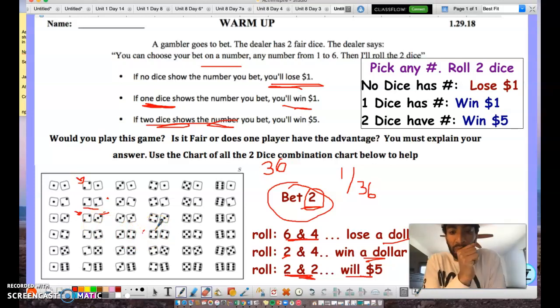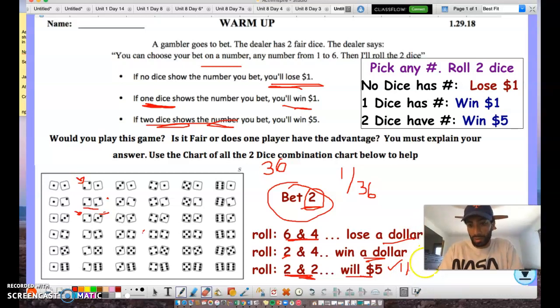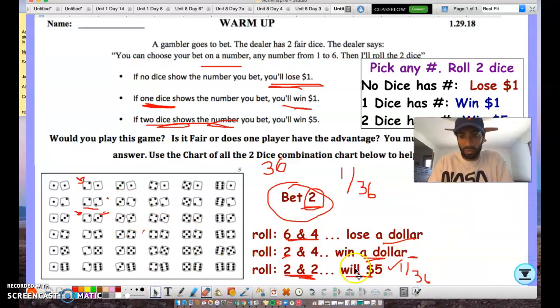So once you figure out the probability of rolling a 2 and a 2, which is 1 out of 36, what's the probability of rolling a 2 and a 4? We'll count the combinations and do that over 36.